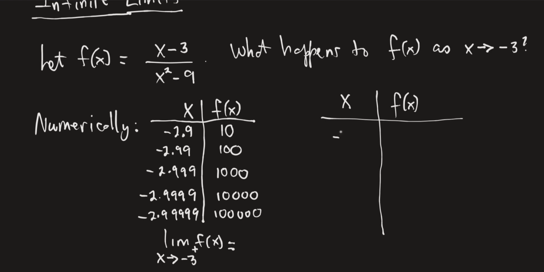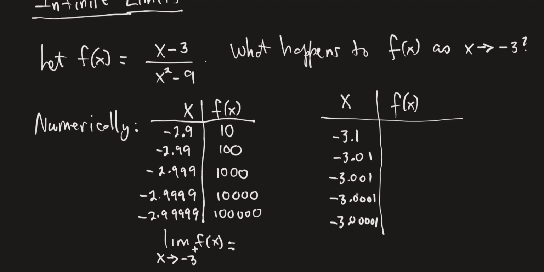So we could do negative 3.1, then negative 3.01, negative 3.001, negative 3.0001, and one more time, negative 3.00001.